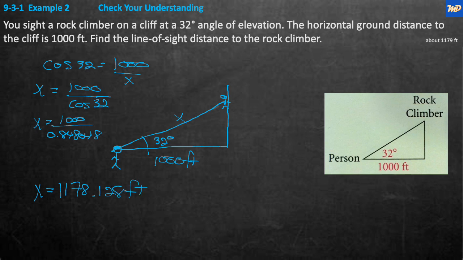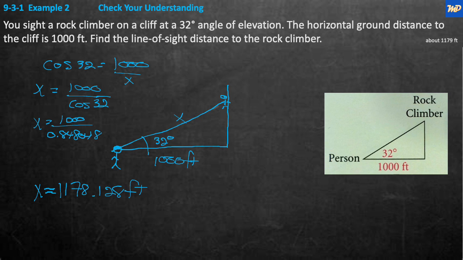Okay? That's what I come up with. 1178.1. So I must have cut short because my answer is a little bit rounded. Is it 1179, 1178? Yeah, I round up. Anyways, it's close enough. You see, this is an approximate answer anyways.